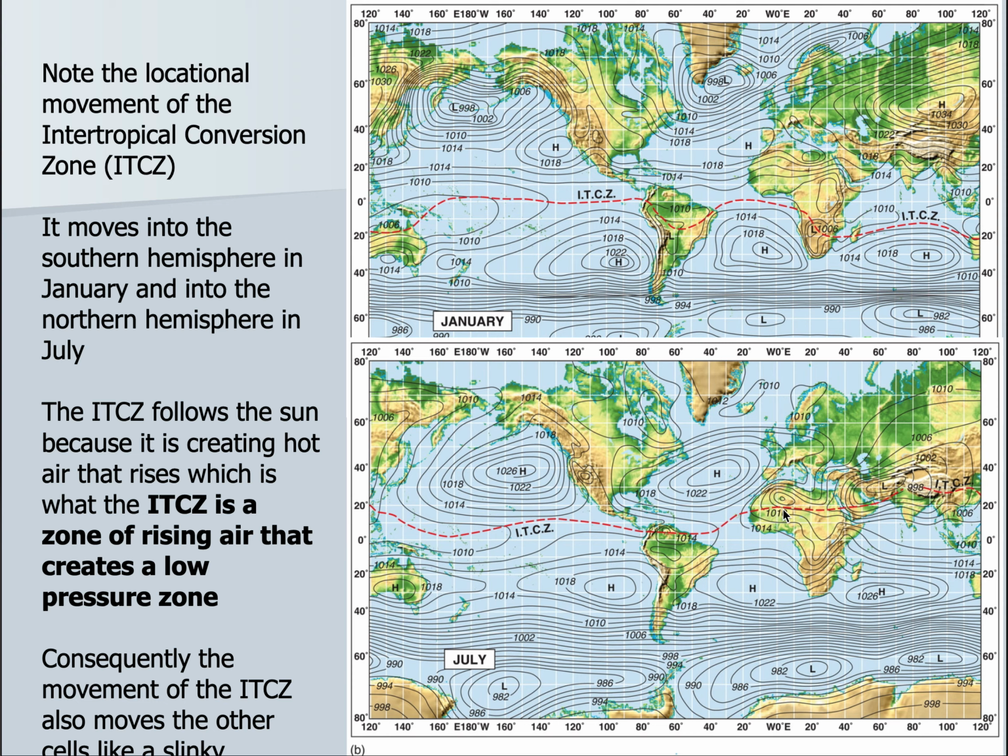Where the ITCZ was crossing the Sahara Desert, now it's come way down low and it's down around near Zimbabwe. It was bifurcating and stretching across between Nepal and China in July, and then in January it's cutting across the Indian Ocean and it's starting to clip into Australia. So that's how much that's moved. Let's take a look at where this high was.